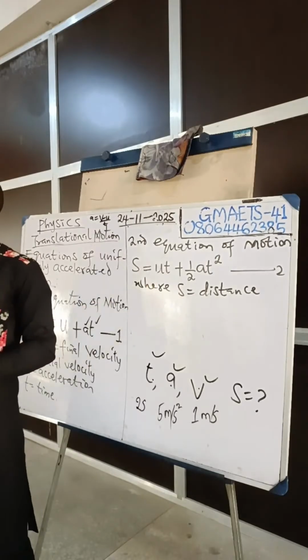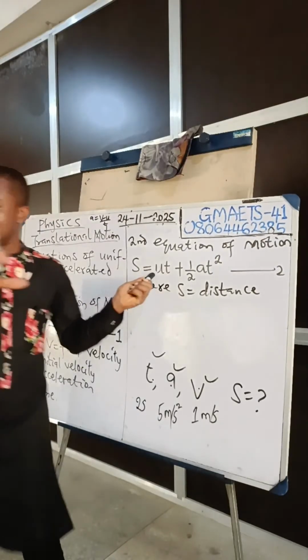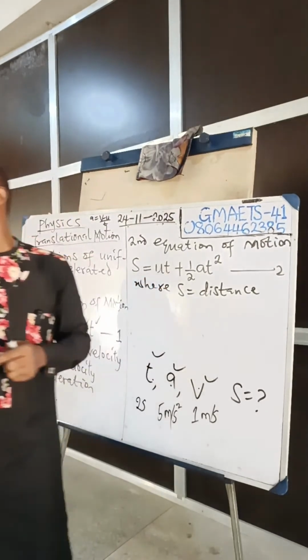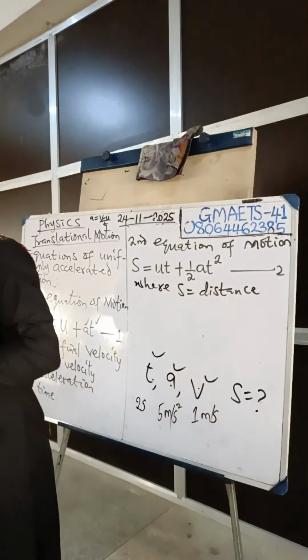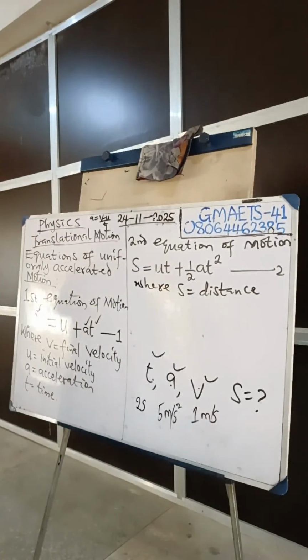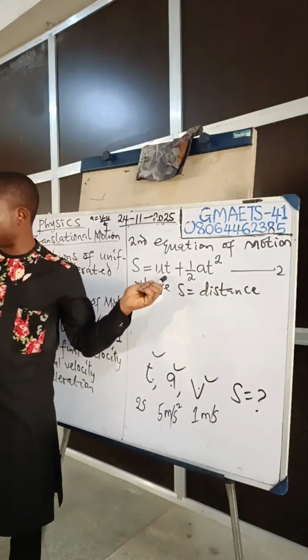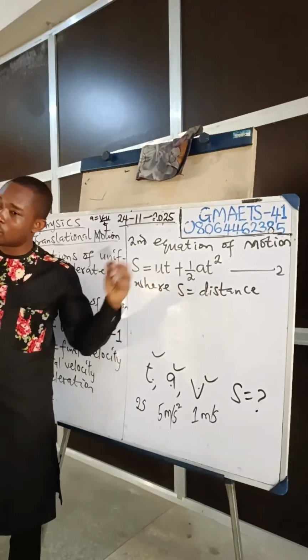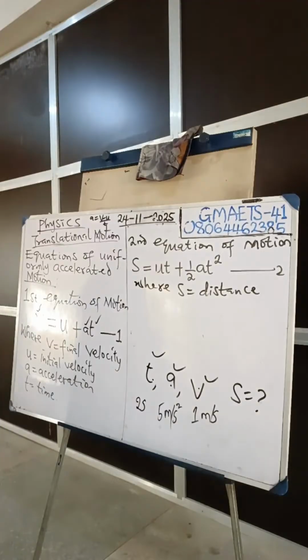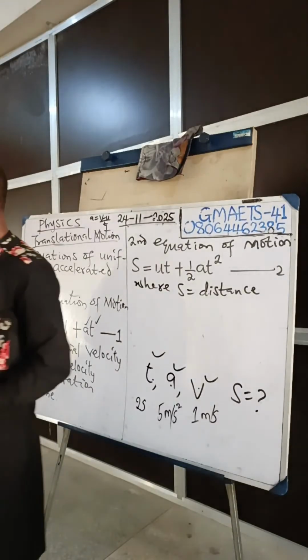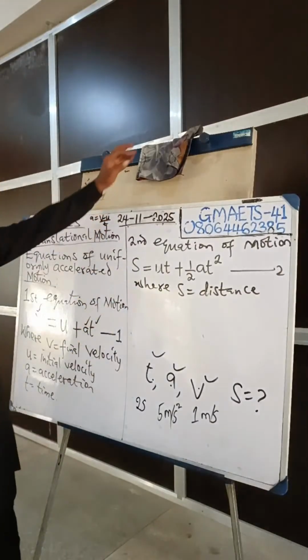But there are some questions that might be given to you where you cannot use it directly to find distance. You may need to go through somewhere. Get something you need. I've just used you as an example. Are you following? After you get it, you come back and do what? Substitute. Anyway, don't worry when it is time for calculations, okay? I've given you the second equation of motion.